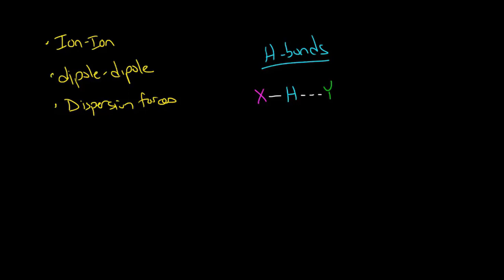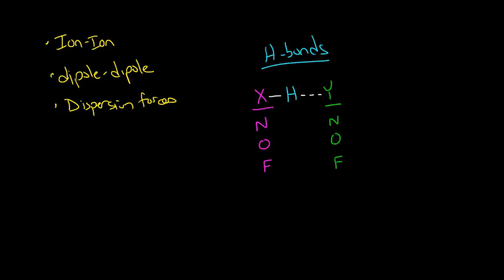The identity of these atoms is important. X can be nitrogen, oxygen, or fluorine. Likewise, Y can be a nitrogen, an oxygen, or a fluorine.